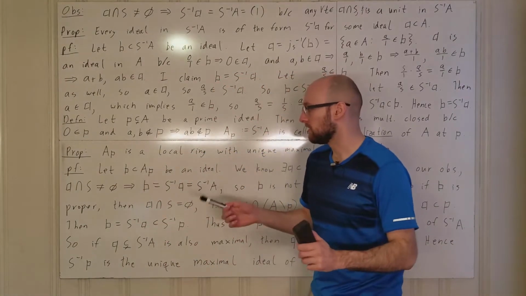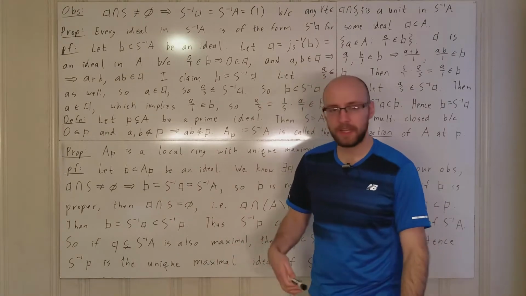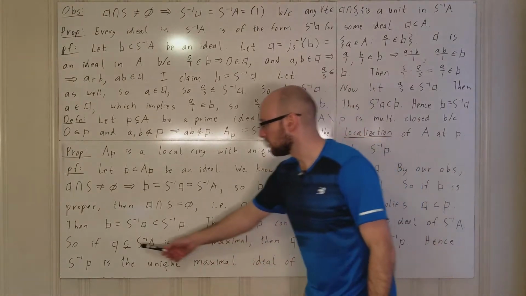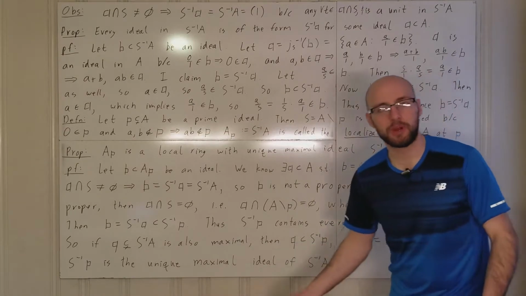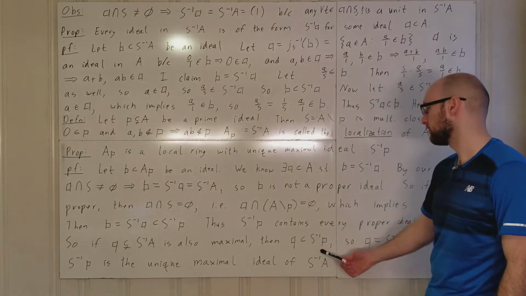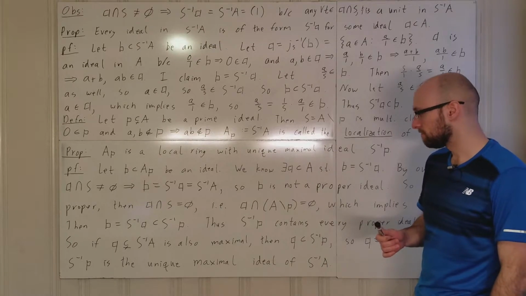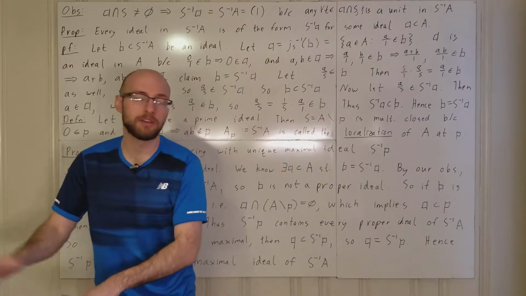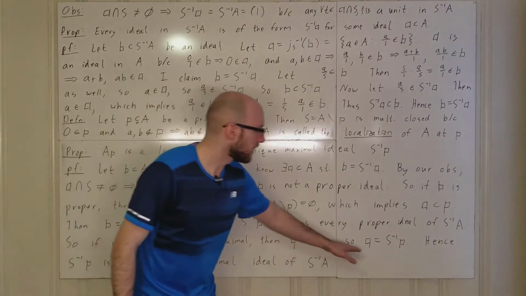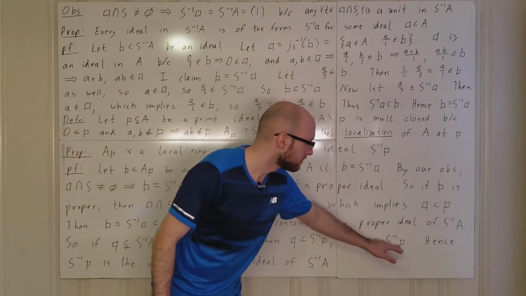Okay, and then we're basically done, because if you consider any maximal ideal Q of S inverse capital A, then because it's a proper ideal, we know that it's contained in S inverse P. But this is a maximal ideal, and the only way for it to be contained in another proper ideal is if it's equal to that ideal.